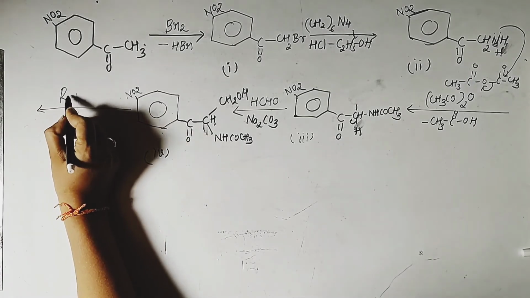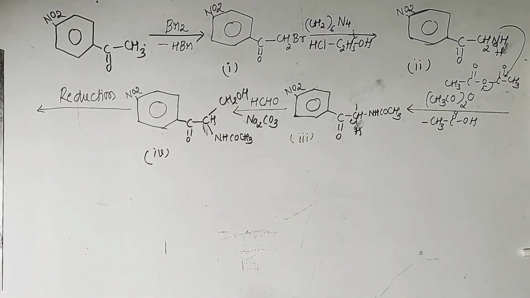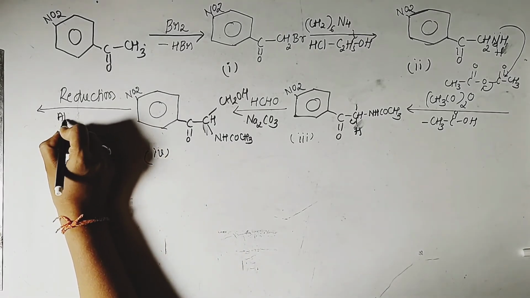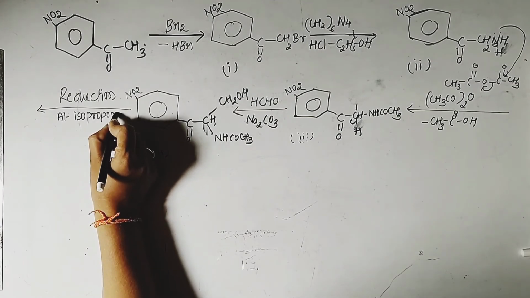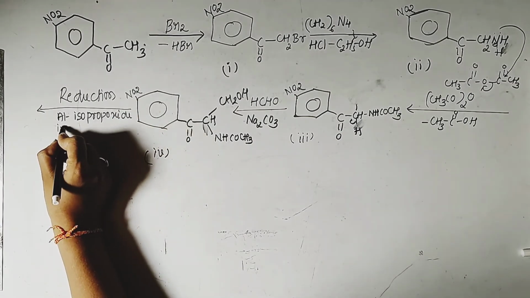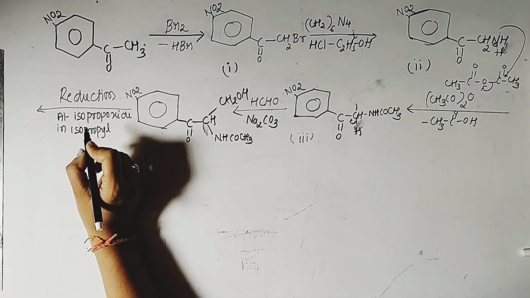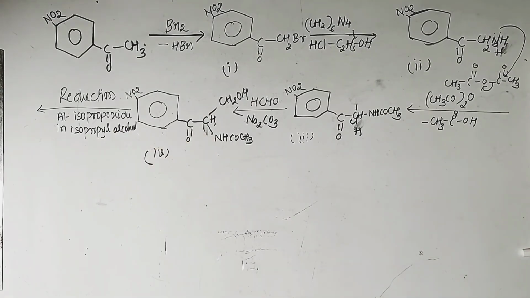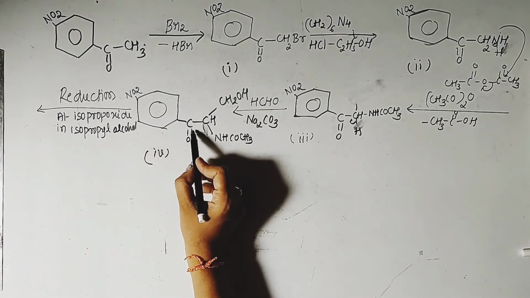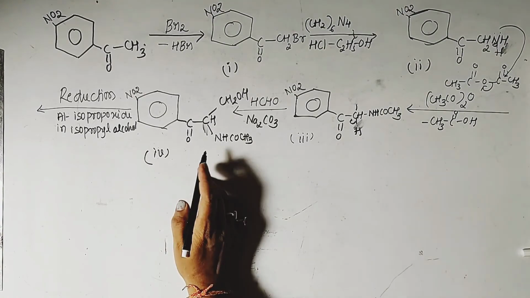So this reduction takes place in presence of aluminium isopropoxide in isopropyl alcohol. So what will it do? It will reduce this ketonic group and convert that ketonic group into alcoholic.